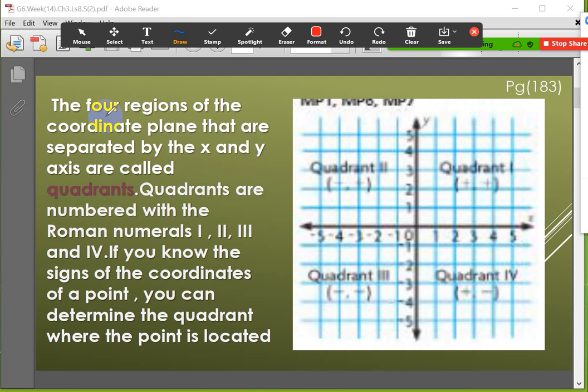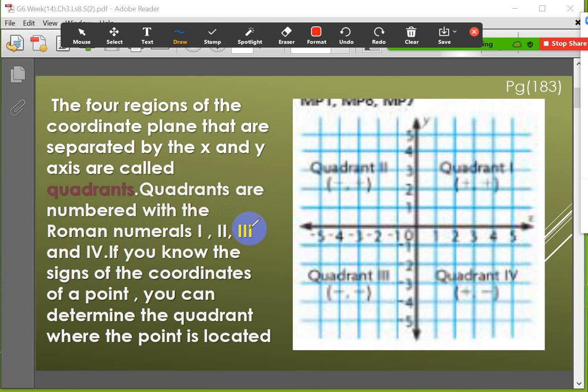Okay? So look, this is the x-axis, this is the y-axis. They divide the plane into 4 regions, 1, 2, 3, 4. We name those regions quadrants. The definition says that the quadrants are numbered with Roman numerals.